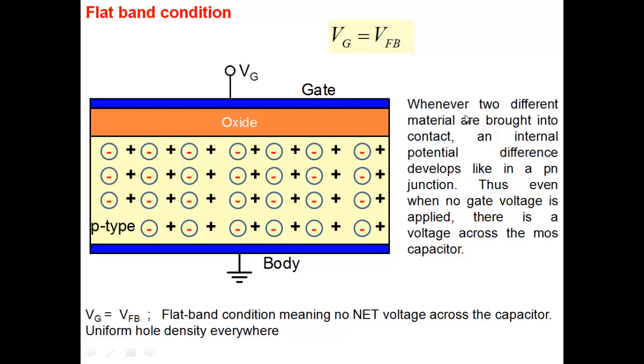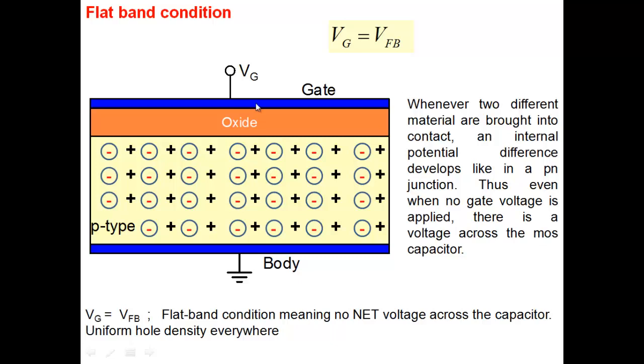In a PN junction, we saw there was a built-in voltage. And that's a general statement. You take any two materials, they will have different work functions and all that. When you put them into contact, a potential develops here. So even though you don't apply anything, remember in a PN junction, P side is ground, N side is ground, you don't apply any external voltage, but internally a voltage develops because the two materials are different.